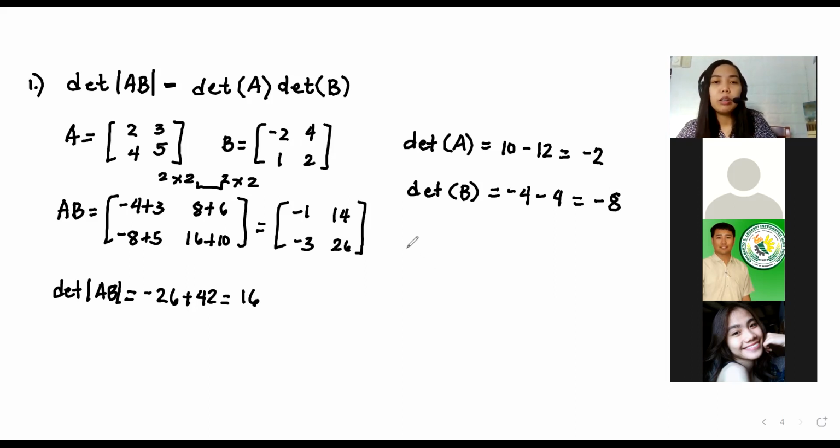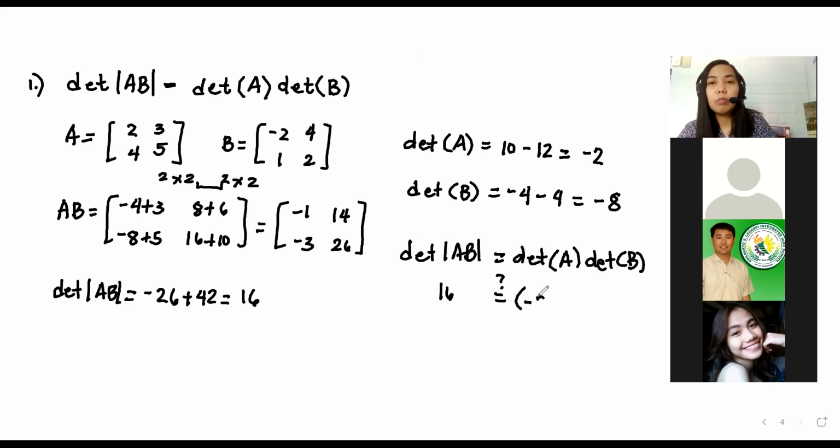So when we check, determinant of AB is equal to determinant of A times determinant of B. Determinant of AB, that's 16. Is it equal to determinant of A, that's negative 2, times determinant of B, that's negative 8?